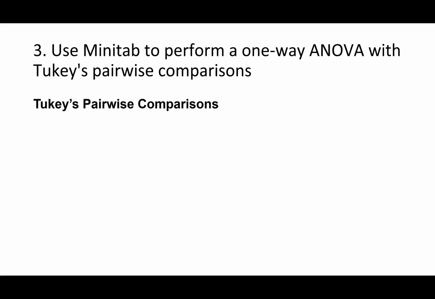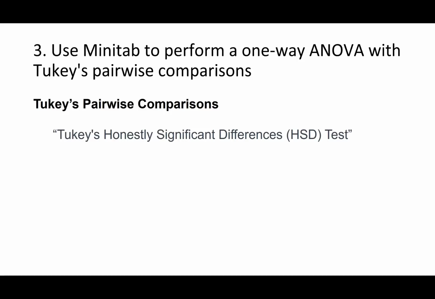There are many different post-hoc analyses that could be performed following a one-way analysis of variance. Here we'll just learn about one of the most common tests, known as Tukey's honestly significant differences test, also known as Tukey's pairwise comparisons. Most statistical software, including Minitab Express, will compute Tukey's pairwise comparisons for you.